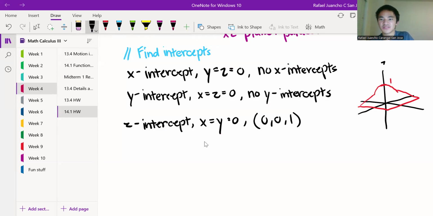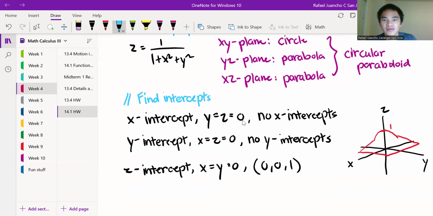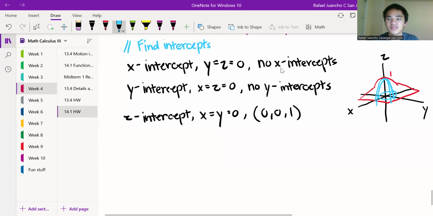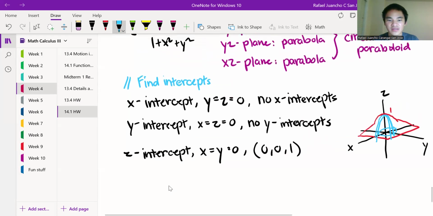So I imagine this is my z, my x, and my y. And I think the traces, right? We have a circle in my xy, kind of like this. Then we have a parabola, and it actually goes down, it's concave down. Then we have another one like this. I'm not super sure. And here it doesn't intersect the x and y axis, so it would look something like that.